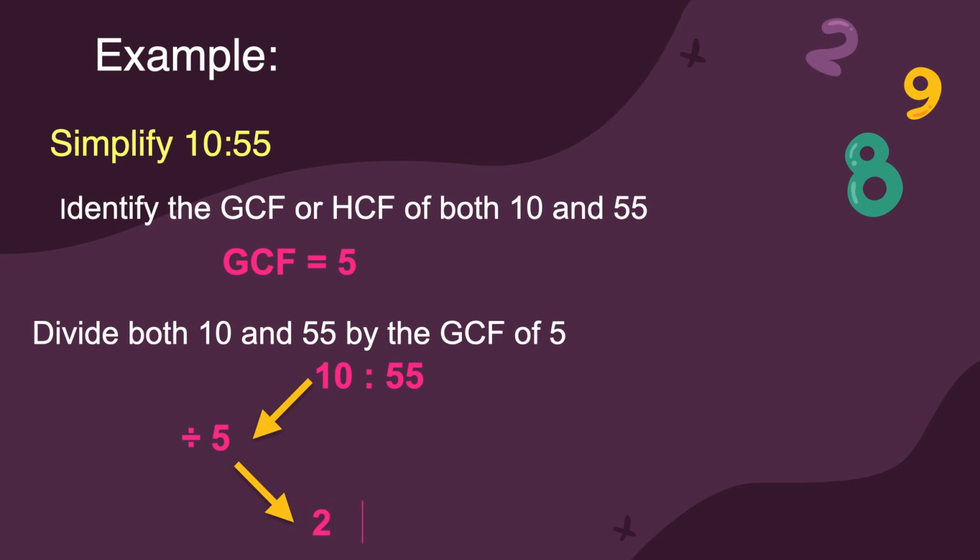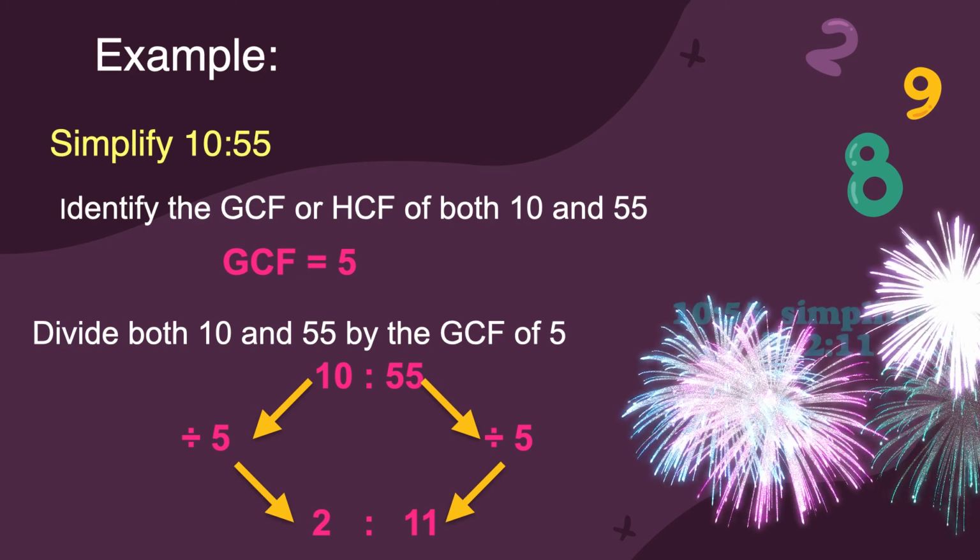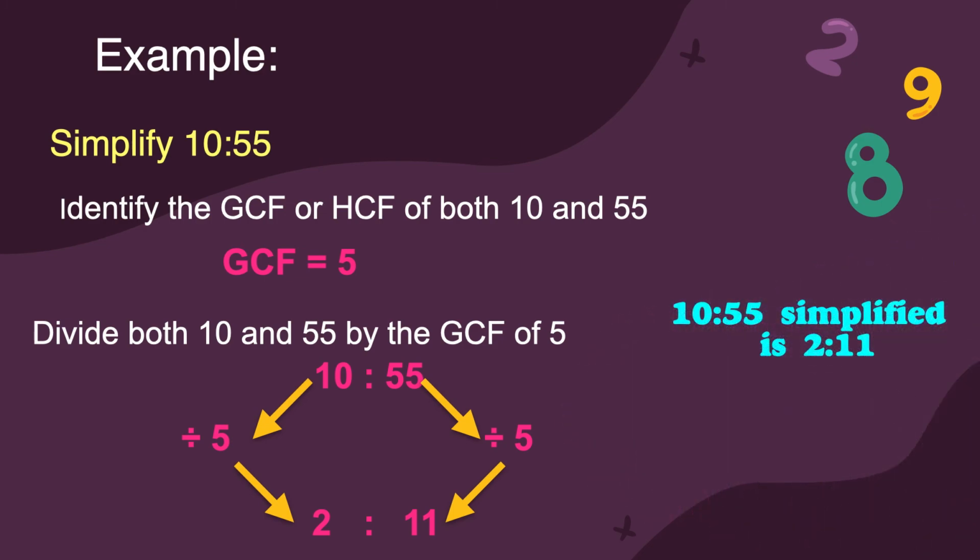And when we divide 55 by 5, we end up with 11. Therefore, once simplified, 10 to 55 is 2 to 11.